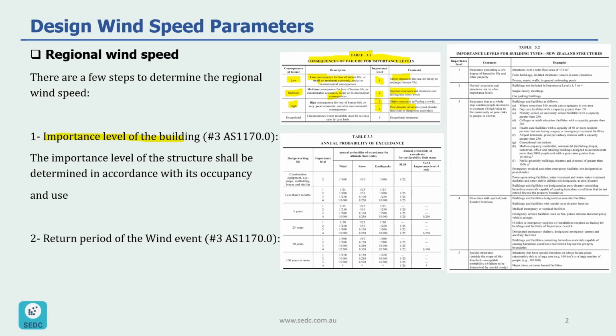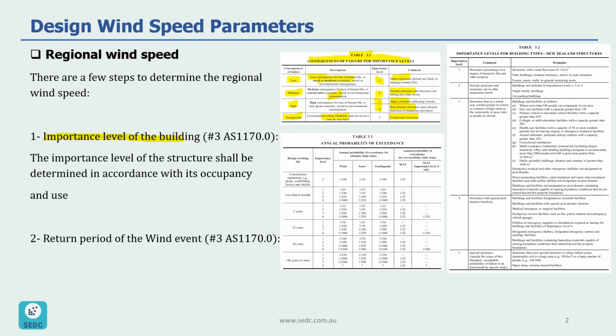So for this category of buildings, we have high consequences of loss of human life or very great economic, social, environmental consequences. And then the last category is where we have exceptional consequence of failure. This is for exceptional structures, where reliability must be set on a case-by-case basis.